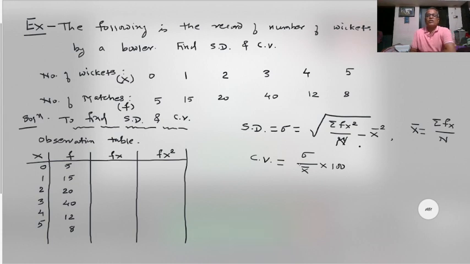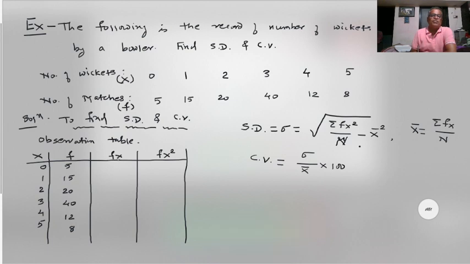So first we prepare an observation table and take the sum of the fx and fx square. Here in the observation table, we write the given data in the notation form as x are 0, 1, 2, 3, 4, 5 and its corresponding frequencies 5, 15, 20, 40, 12 and 8.